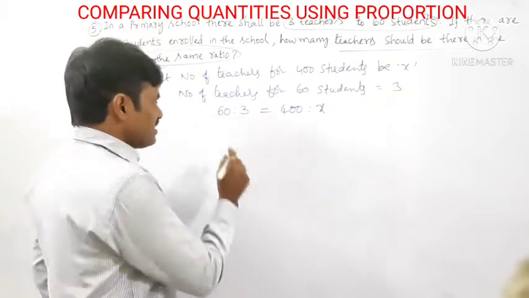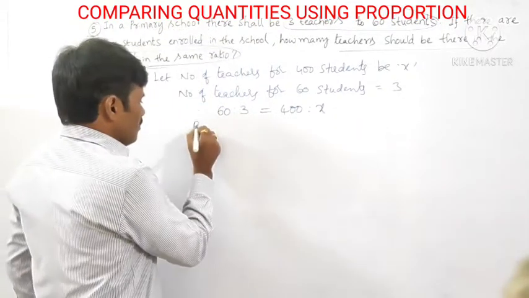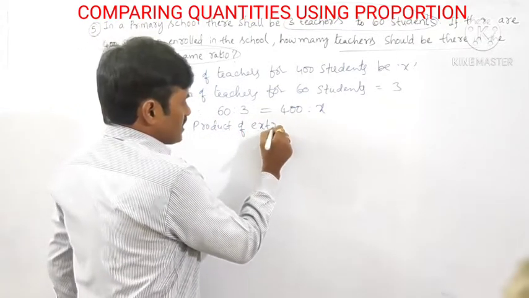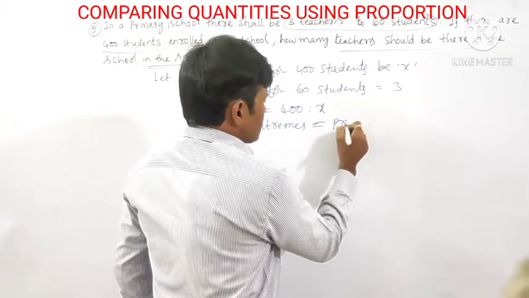So here we can write that the product of extremes is equal to the product of means. Clear? That is, 60:3 is equal to 400:x. So I can write 60 into x is equal to 3 into 400, since the product of extremes is equal to the product of means.